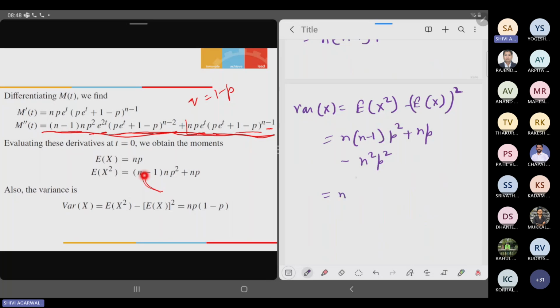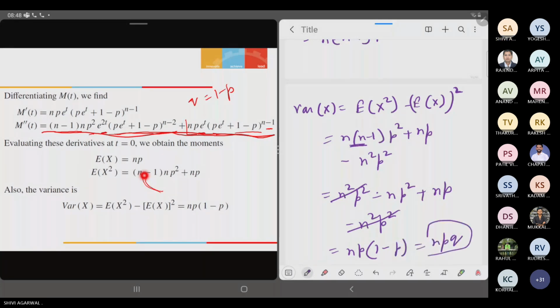When we open it, it is n^2 p^2 minus n p^2 plus np minus n^2 p^2. So these cancel out. Now np is common, and 1 minus p is remaining. So it is npq.